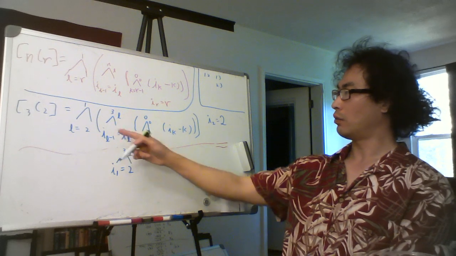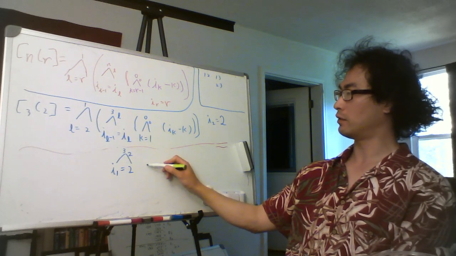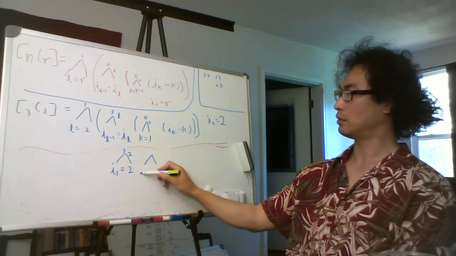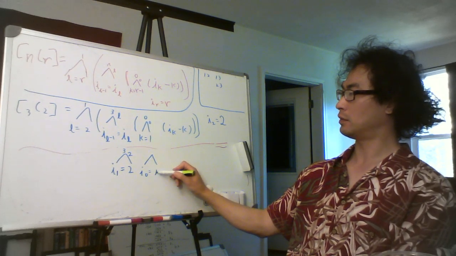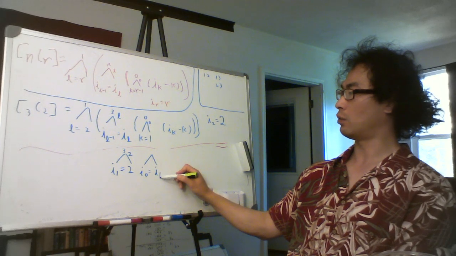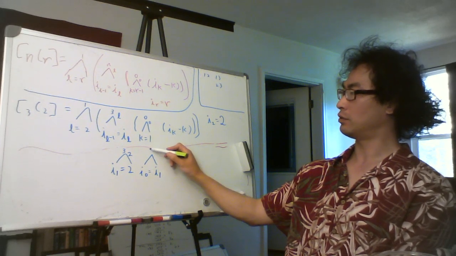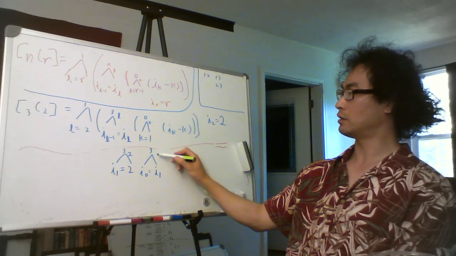And then when L is equal to 1, you have I0 from I1 to 3, and L is equal to 1.